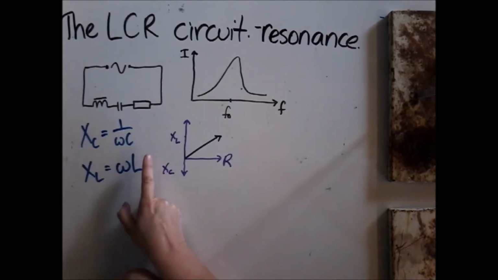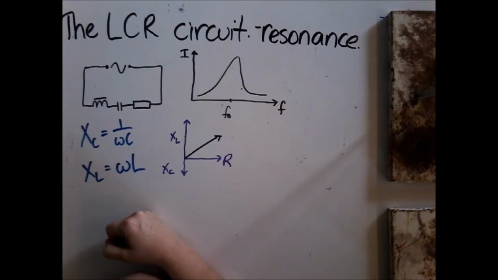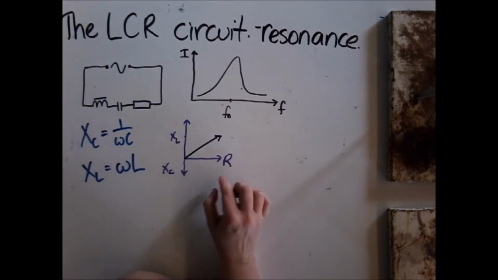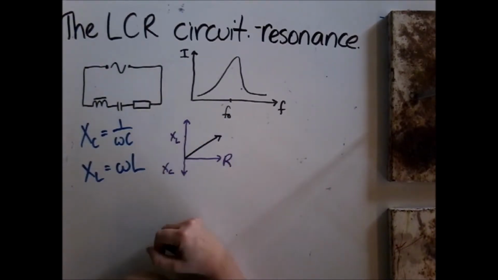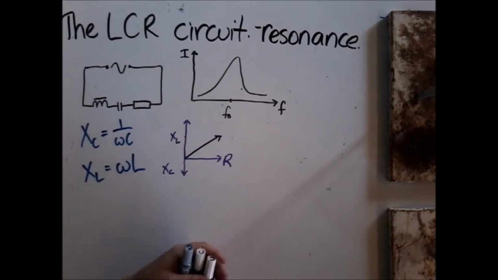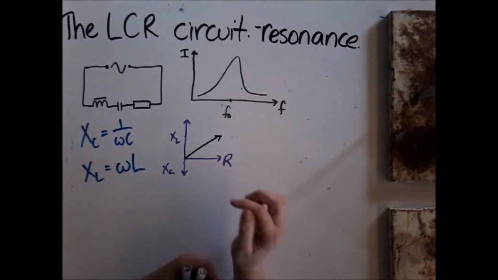I hope you can see that if we could find a frequency for which these two things were the same, they would cancel each other out. What we'd find at that point was that our impedance was equal to the resistance in our circuit.